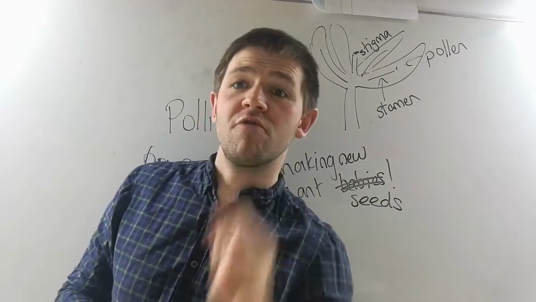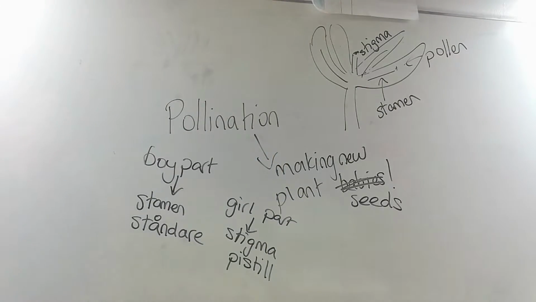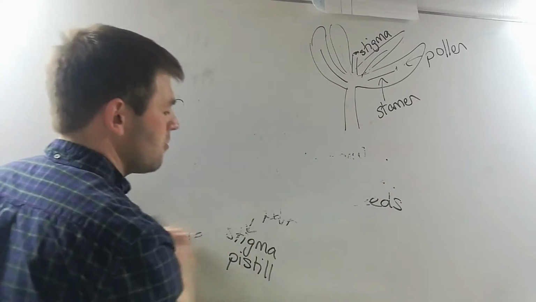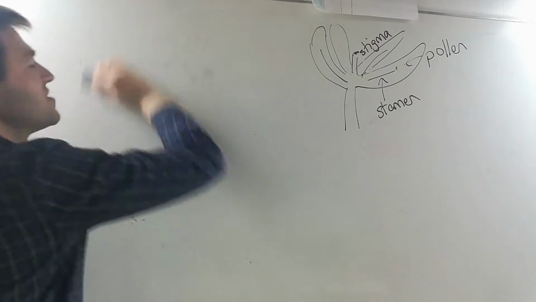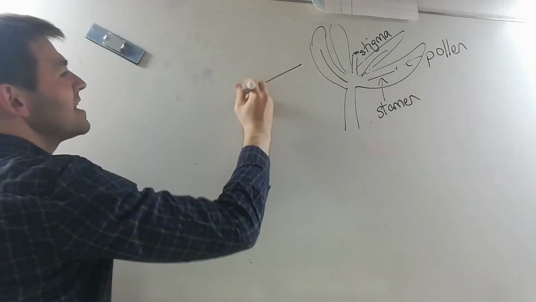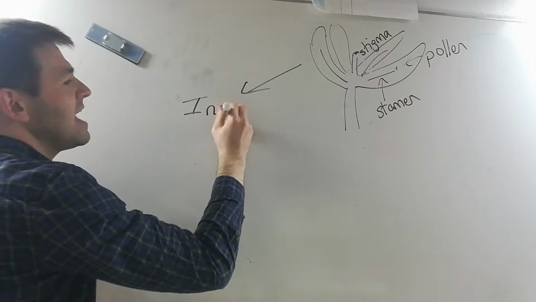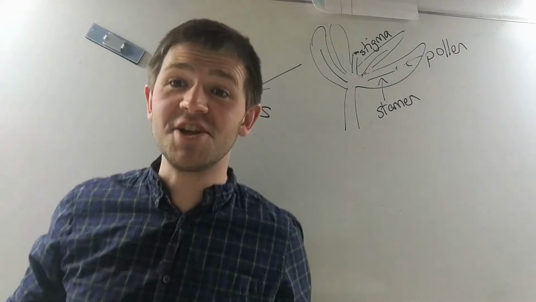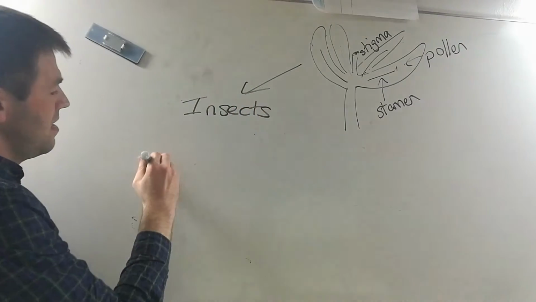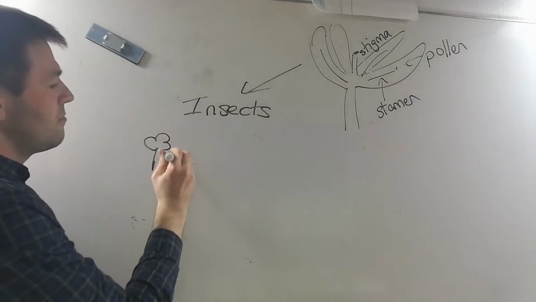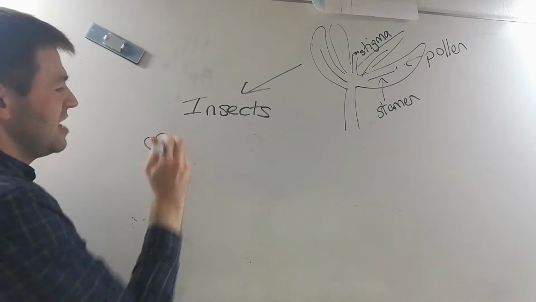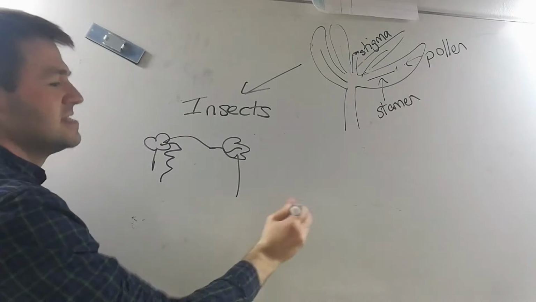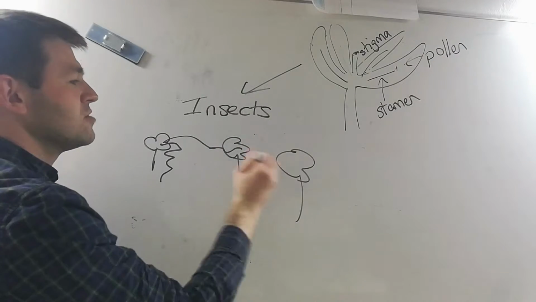There are 2 different ways that this happens. We have one way, and of course you've seen this, these plants need help, and they need help with insects. Because what do insects do? Insects will go from one plant, and then go to another plant, and then go to another plant.